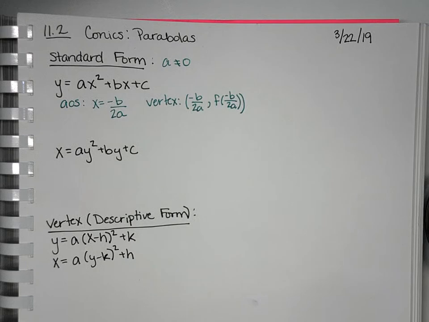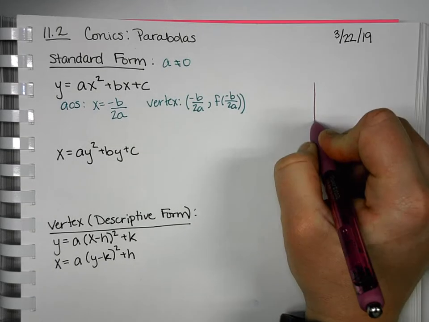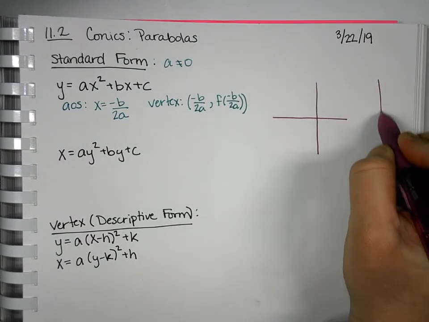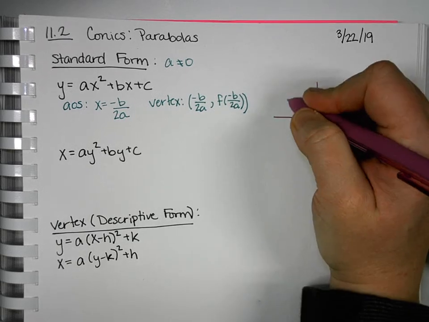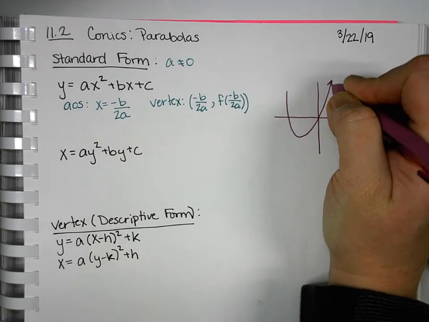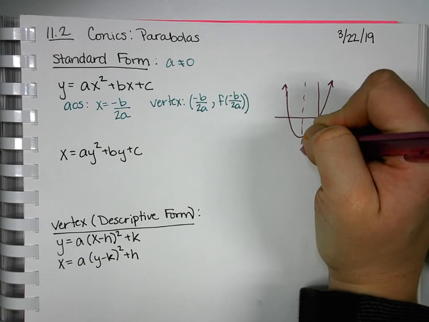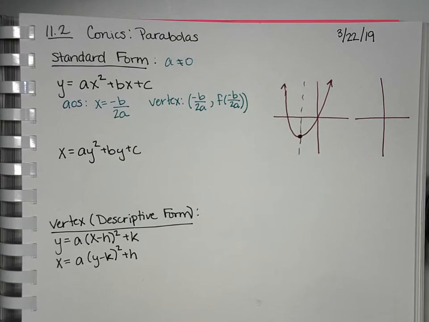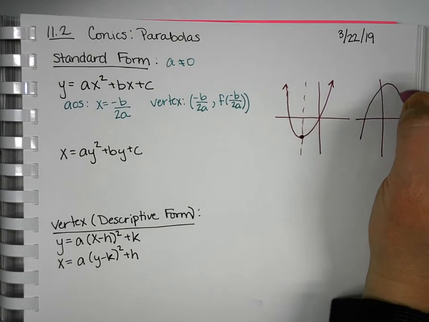The graph of this parabola could look one of two ways. It can either look like this, going up, with that axis of symmetry being right down the middle, and going right through your vertex, or it can be going downward.